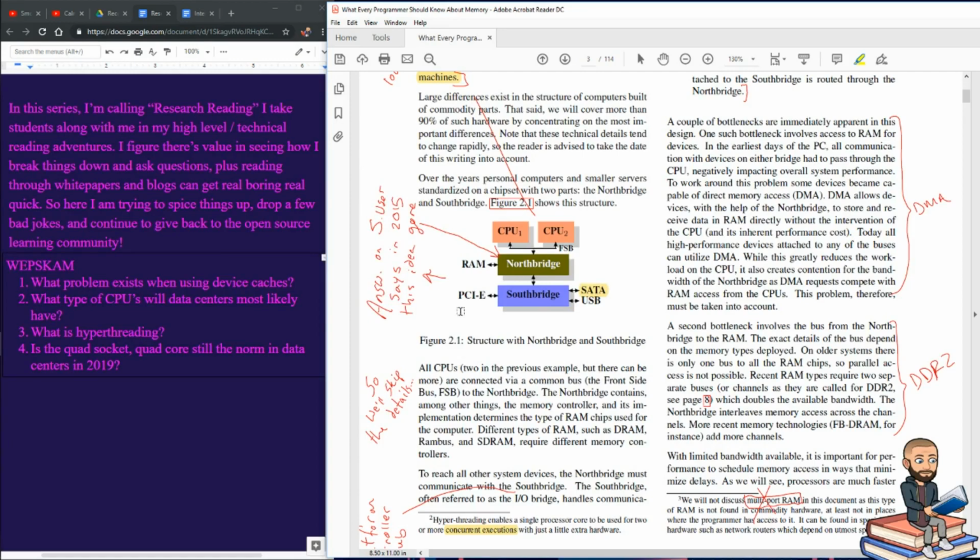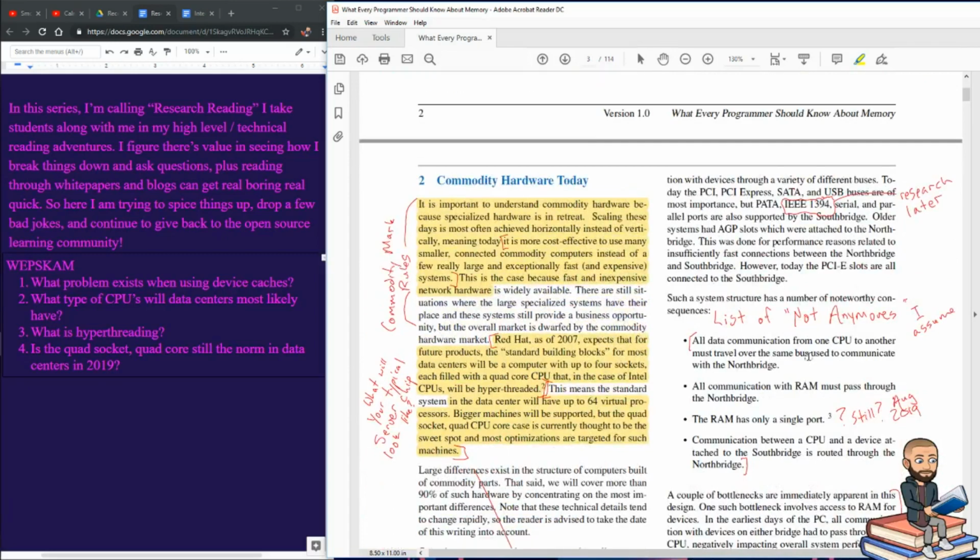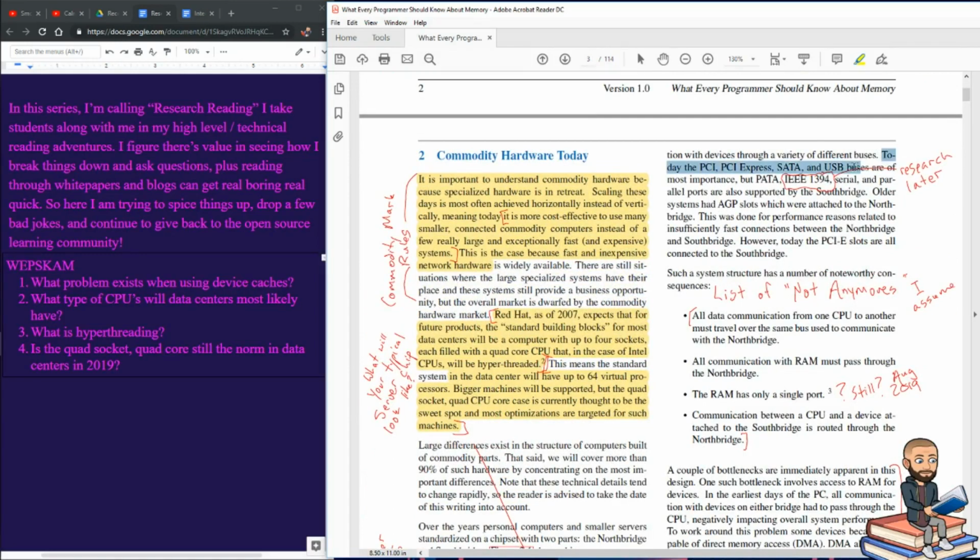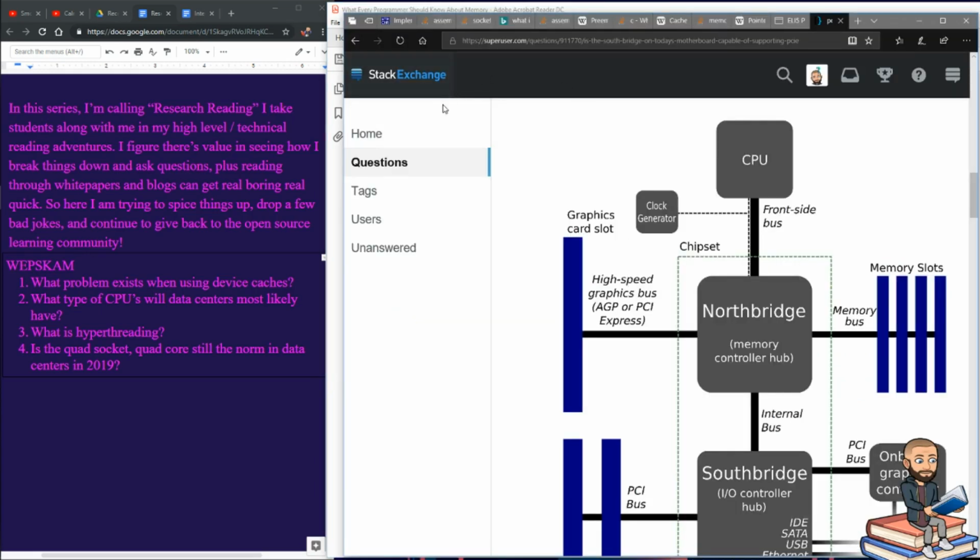So with that said, we'll actually skip quite a few details right here. Let's jump up to the fact that today PCI Express, SATA, and USB buses are very important, but PATA, and the IEEE 1394 serial and parallel ports are also supported by the South Bridge. And I just had to take you to Stack Exchange to see this.